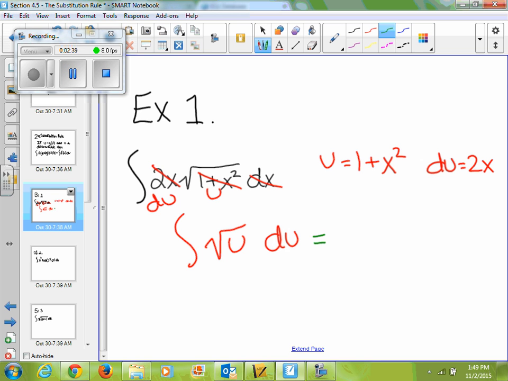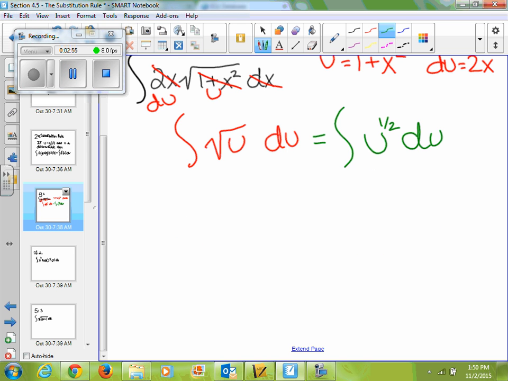Okay, well the square root of u is just u to what exponent? 1/2. Square root is 1/2, right? So that's like u to the 1/2. And we know that we can integrate anything to any exponent by adding 1 and then dividing by n plus 1.